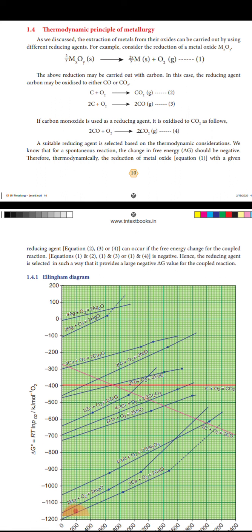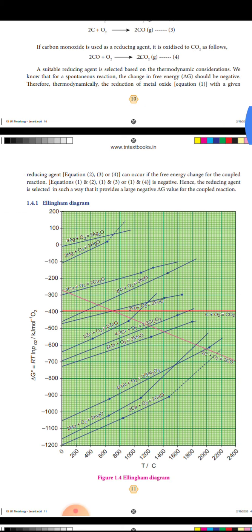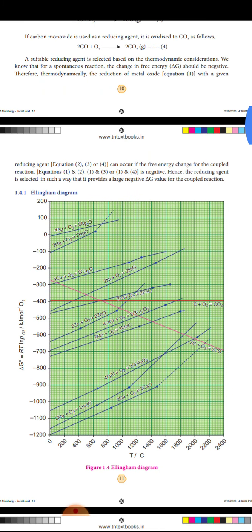Now, this is an Ellingham diagram. The Ellingham diagram is plotted as temperature versus delta G0, which is equal to RT ln PO2, in kilojoules per mole of O2.